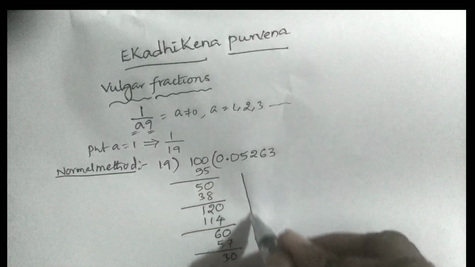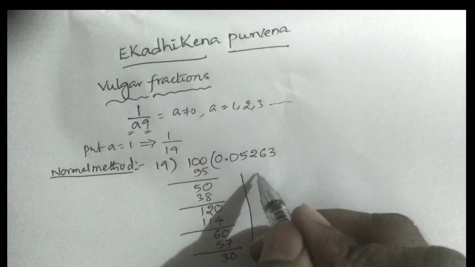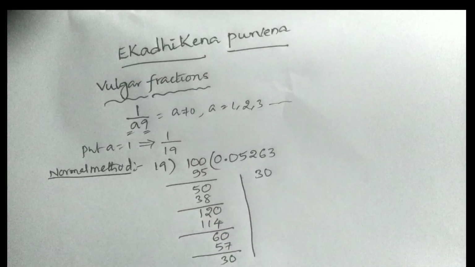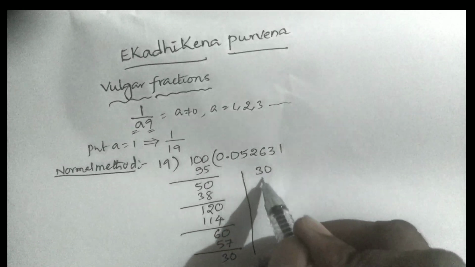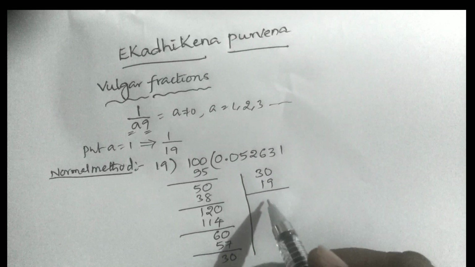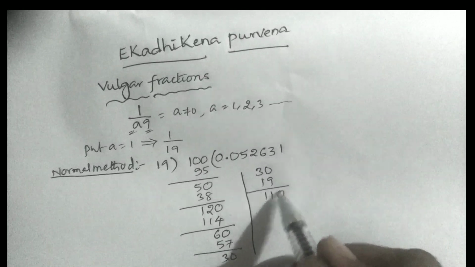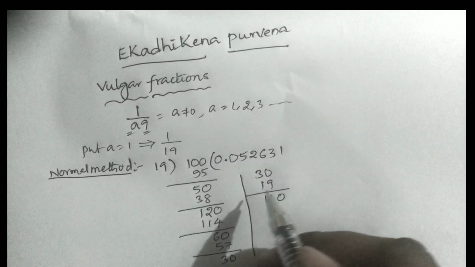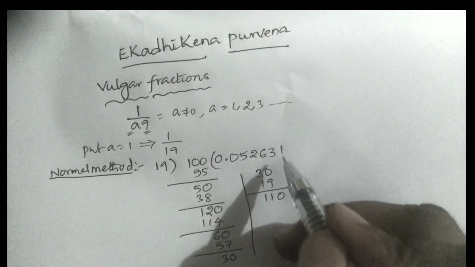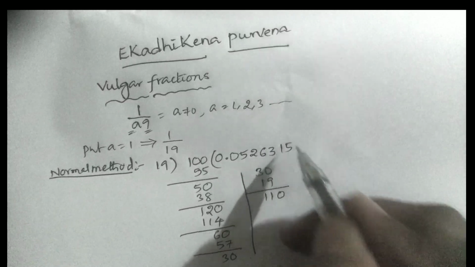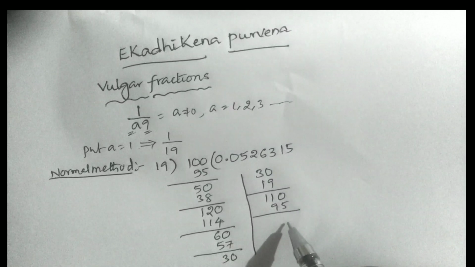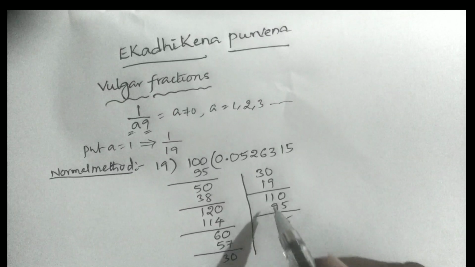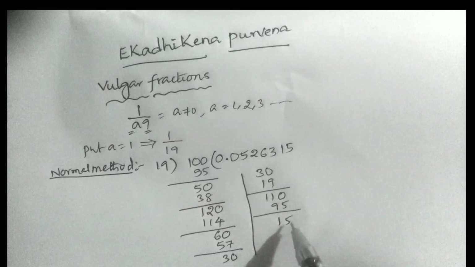There is not enough space to write downside, so I started here again with 30. 19 1s are 19, 30 minus 19 is 11, it becomes 110. 19 5s are 95, subtracting gives 15, so take 0, 150.